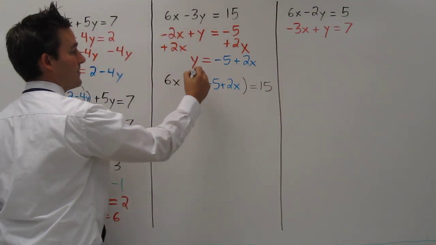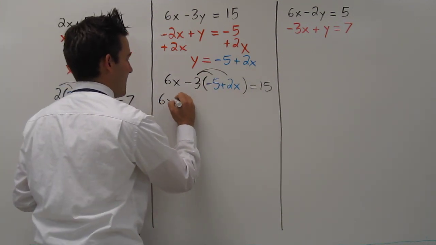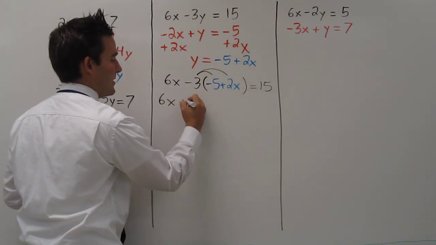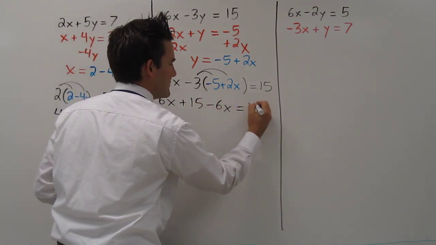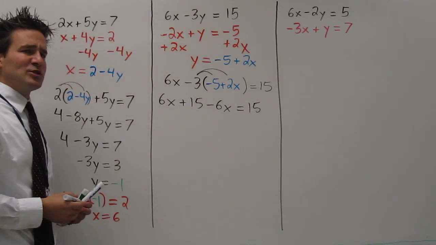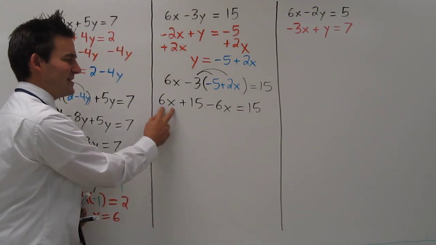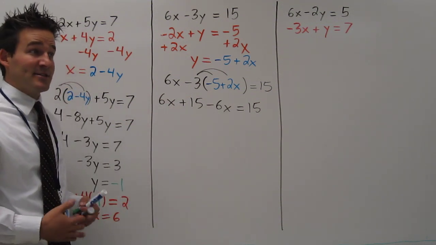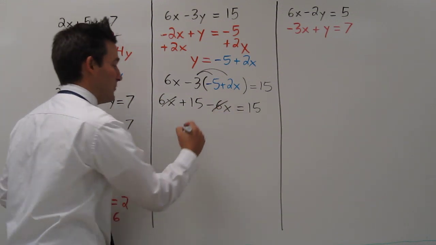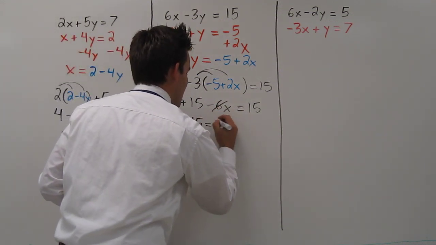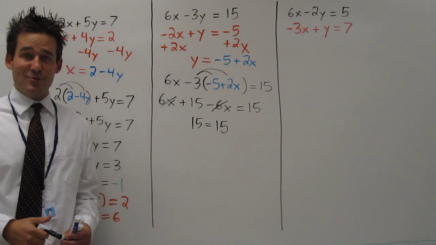equals 15. Once again, using the distributive property, I have 6x plus 15 minus 6x equals 15. Now in this situation, something interesting happens when we combine like terms. 6x minus 6x leaves us with 0x. So they actually cancel each other out, and I'm left with 15 equals 15. Now 15 always equals 15.